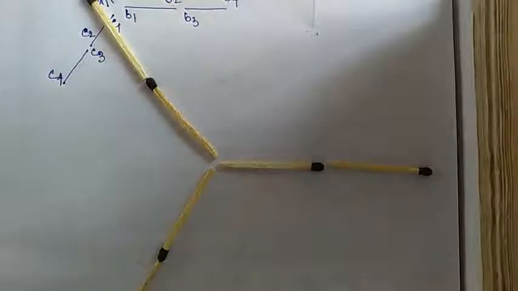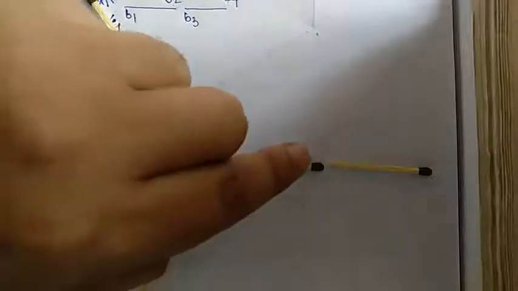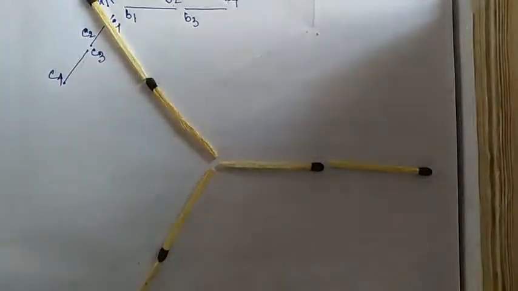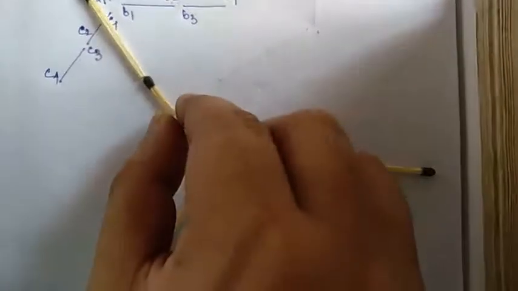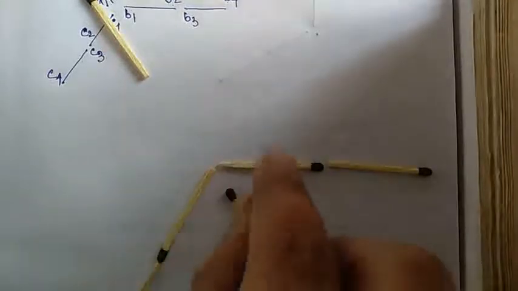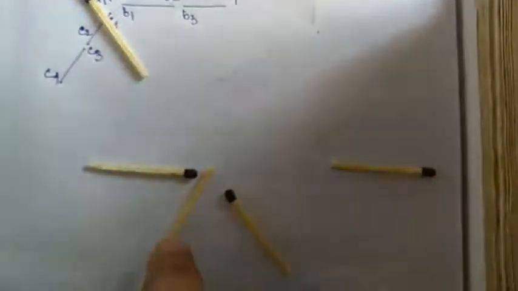Now reconnect A2, B2 and C2 as a star. So this is your A1, A2 side, shifting it, and this is your B1, B2 side, now it is shifting, and this is your C1, C2 side, now it is shifting.